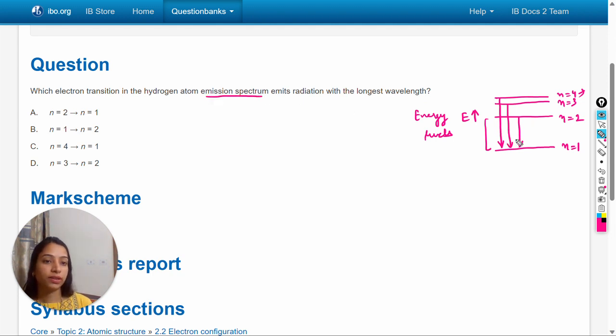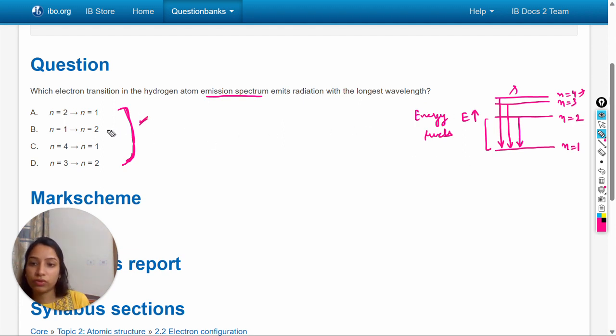So these are the emissions, and for this we have to see the options, after which we will compare the wavelengths of these emissions, and then we will find out which option is right.